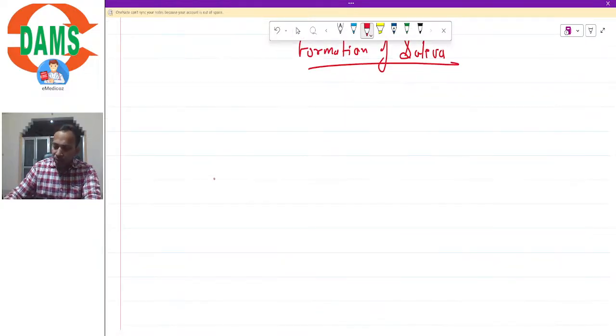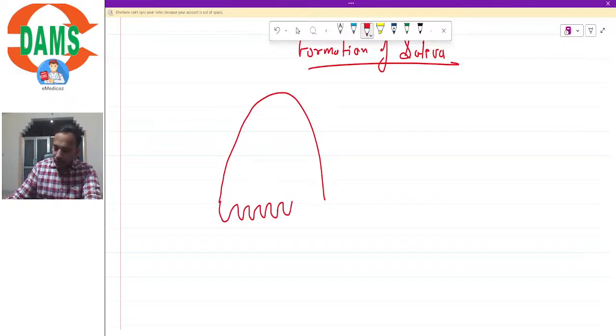So how are these components produced? Let's say this is a serous secretory cell. These serous secretory cells have rough endoplasmic reticulum and Golgi complex.